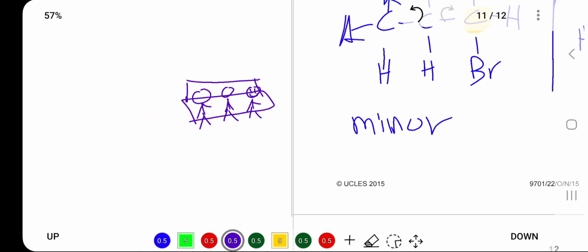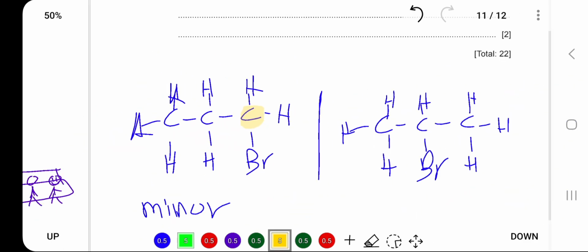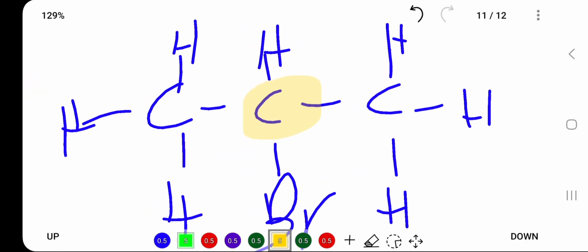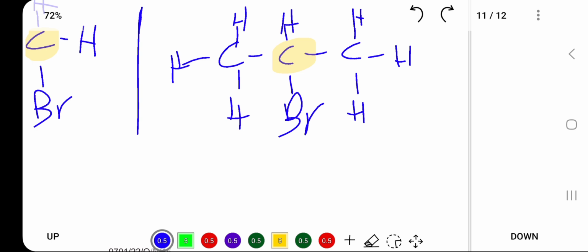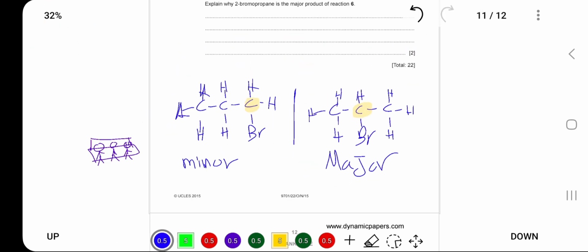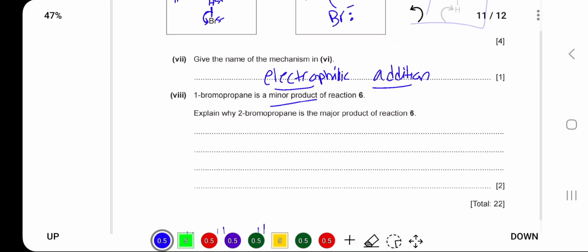That is exactly what relates here. The C is at the very end, so you're very prone to damage. Br is between these bodyguards. See, these are bodyguards. So yes, you're safe. That's why I'm going to call this the major product. I guess this explains it all, right?